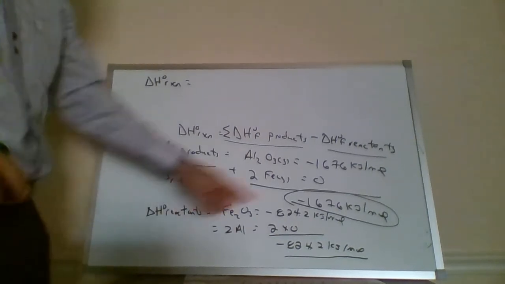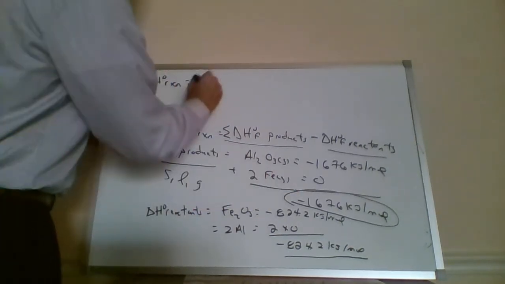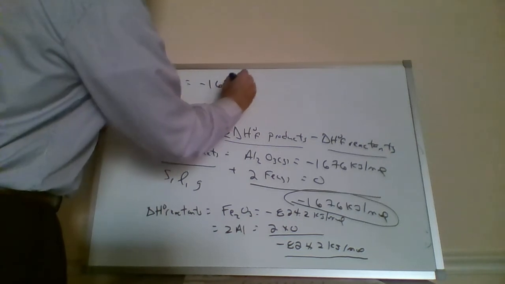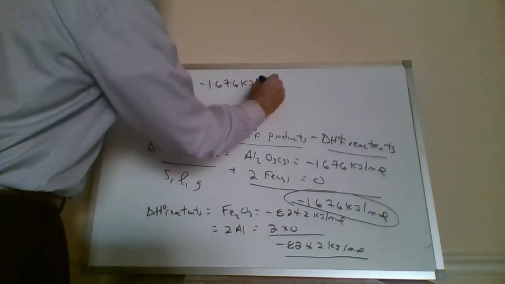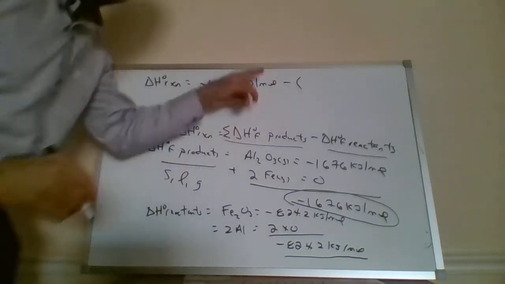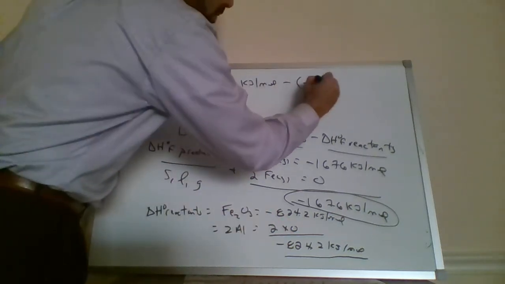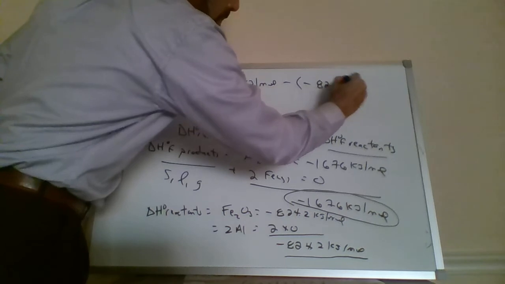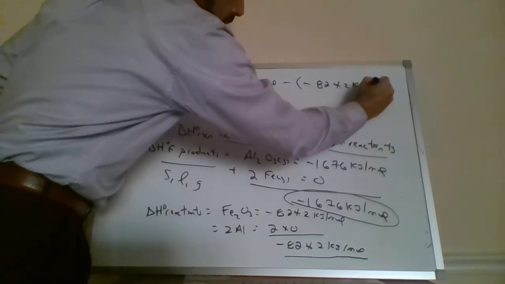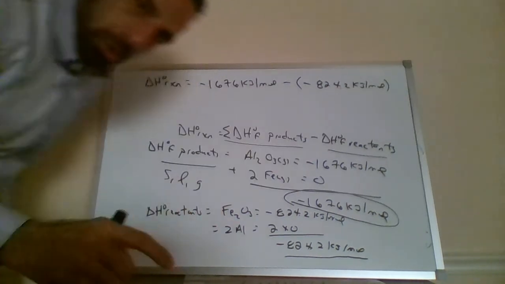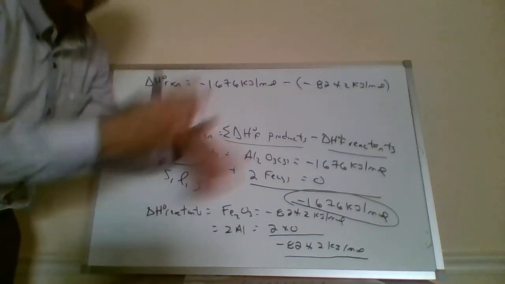So to finish this up, I take my products. I'm going to subtract from it my reactants. My reactants is a negative 824.2 kilojoules per mole. So again, negative and negative makes a positive.